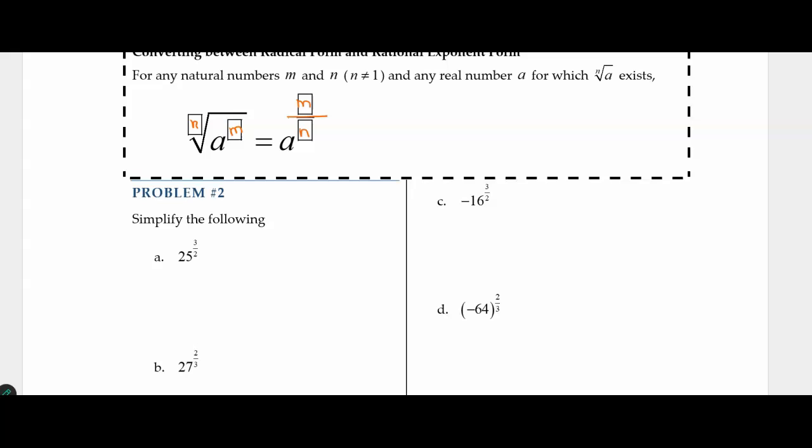On this you might think, oh man, that might be hard to remember which one of these goes on top and which one goes on bottom. But I did have a student one time tell me how he remembers it, and I'd like to pass it on to students. He thinks of this little division bar as the ground. So here's the tree that's above the ground, and below the ground are the roots of the tree.